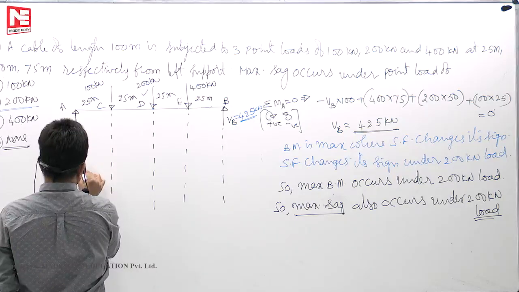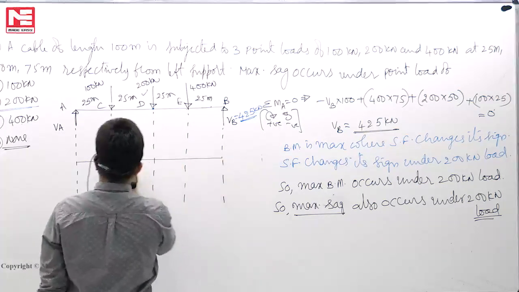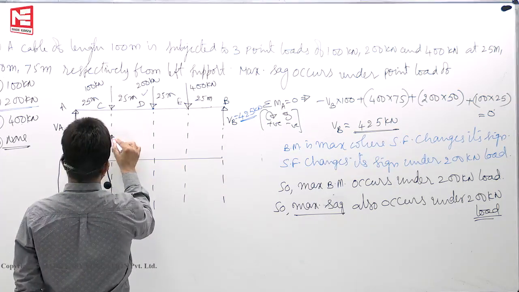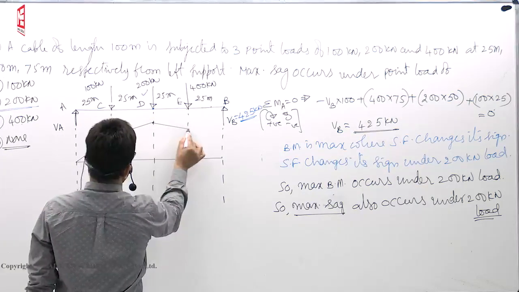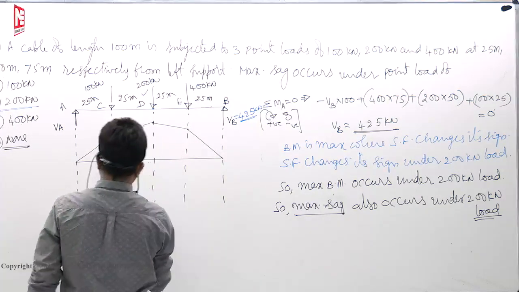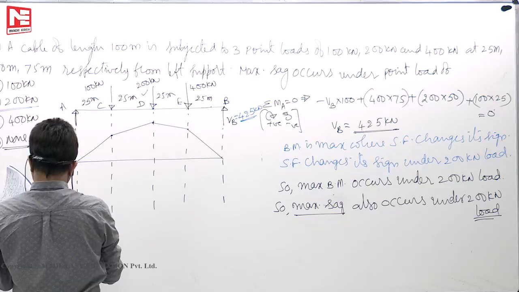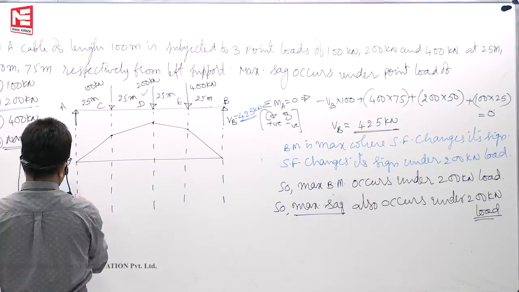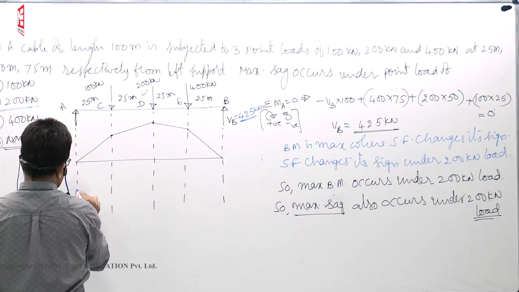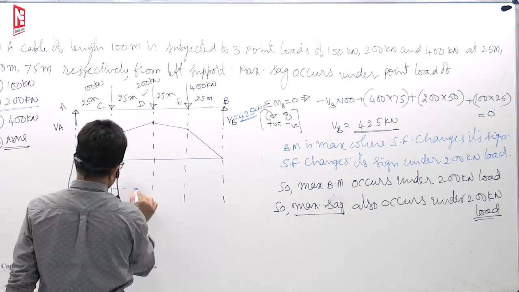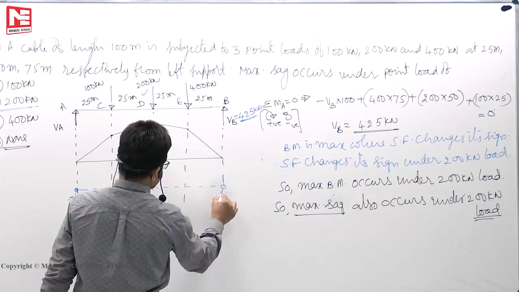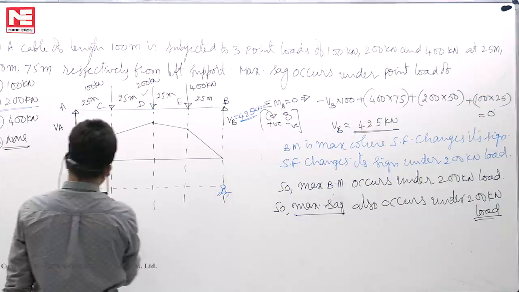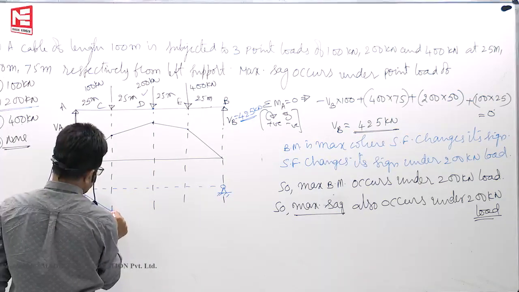If at all you draw the bending moment diagram, it might have gone something like this way. Now if you take a cable, loading, this cable will take this position.